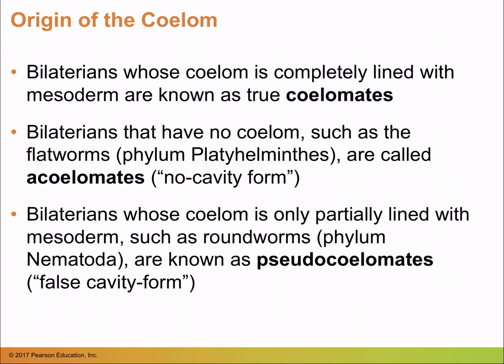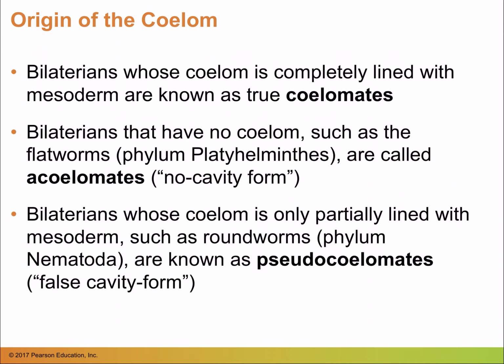Some have sort of a fake coelom, bilateral organisms whose coelom is only partially lined with mesoderm. So it may have mesoderm on the side of the skin, and there's a space, but there's no mesoderm that lines the gut. Essentially, that's a pseudocoelomate. It's a false cavity form.